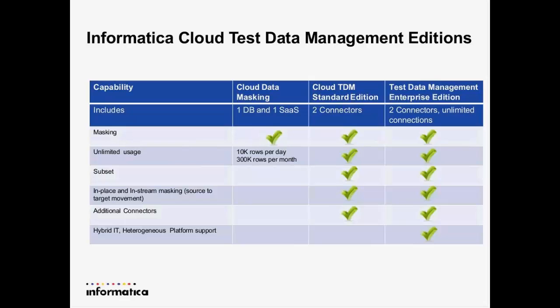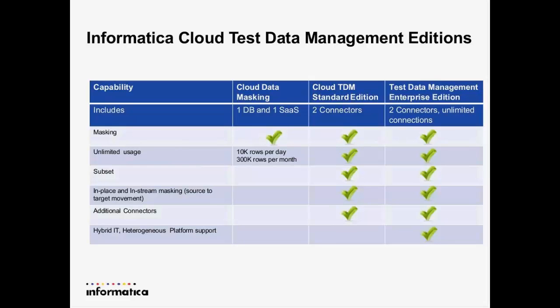So if you have a small project that you're just trying to spin up, or a use case where you want to mask the data in place. This is another limitation of the free product: if you have, let's say, an Oracle testing environment or a Salesforce.com testing environment, you can pick a few objects with a few columns and mask them, but the limit is up to 10,000 per day.